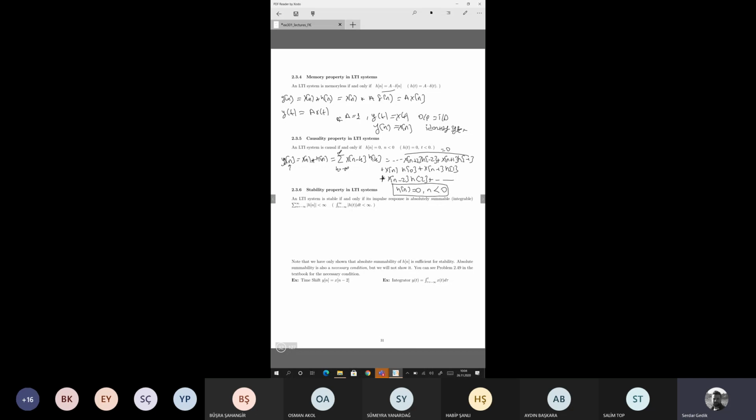By just looking at h[n], you can tell whether the system is causal or not. So this is a strong property for the impulse response.